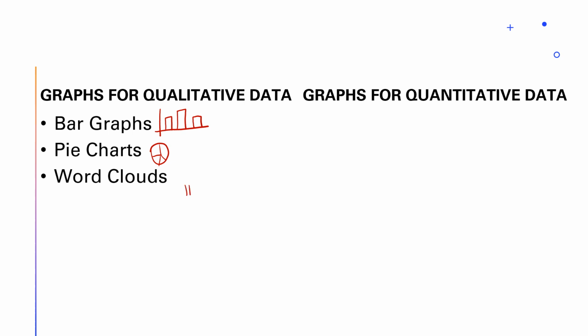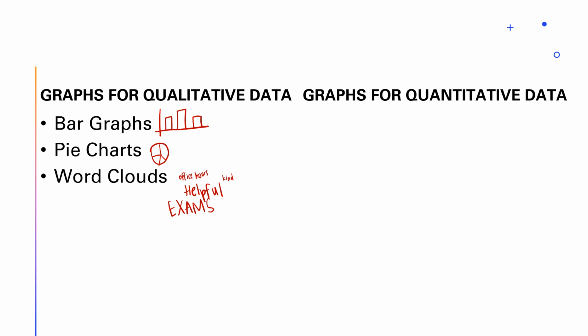So maybe helpful will be really large on the screen, and then in smaller font things like office hours, or maybe a big issue for students was the exam, so maybe that's a bigger one. Or things like kind might be in smaller font. So the words that occur most often are going to be in larger font, and the words that occur less frequently will be in smaller font.